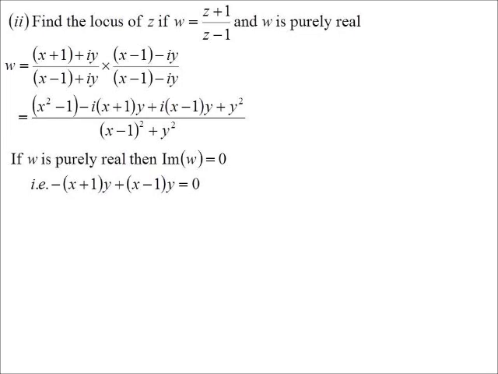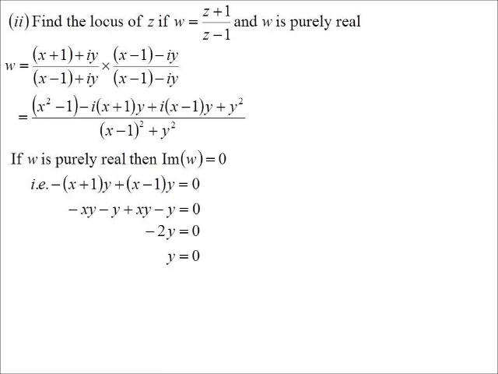So I'm just looking at the imaginary part on the top of the fraction. I get minus x plus 1 y plus x minus 1 y has got to equal 0. Now we're getting closer to something we can recognise. The xy's are going to cancel, and I simply end up with y equals 0.